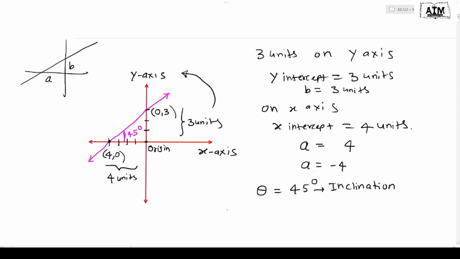And slope is denoted by small m. Small m is nothing but slope of the line, that equals tan 45 degrees. And we know that tan 45 equals 1. Therefore, slope of the line equals 1. Slope of the line has no units.